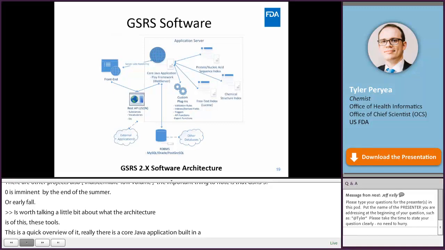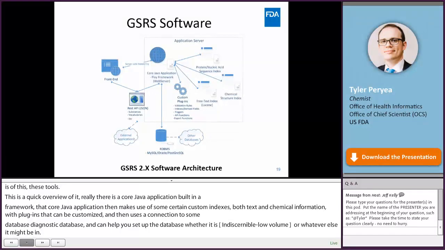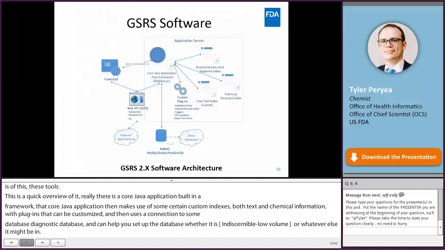It uses some custom plugins that can be customized, and then it uses a connection to a database-agnostic database, and it can help you set up that database, whether it's in MySQL, Oracle, Postgres, or whatever else it might be in. Then it exposes the REST API, and either external applications talk to that REST API, exchanging JSON messages, or the front end that you saw, the user interface, talks to that REST API. That front end is written in Angular.